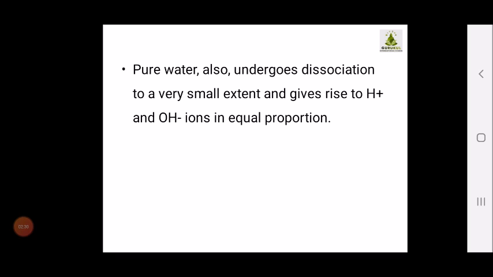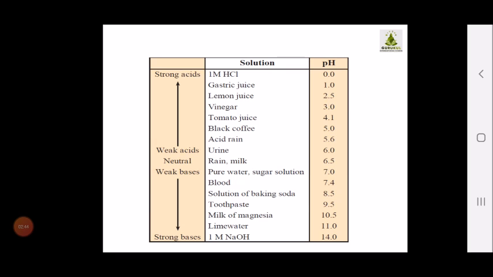Even pure water undergoes dissociation to a very small extent and gives rise to H plus and OH minus ions in the aqueous solution. So children, till here we have studied the importance of pH. Now see, this is the table given in your textbook.